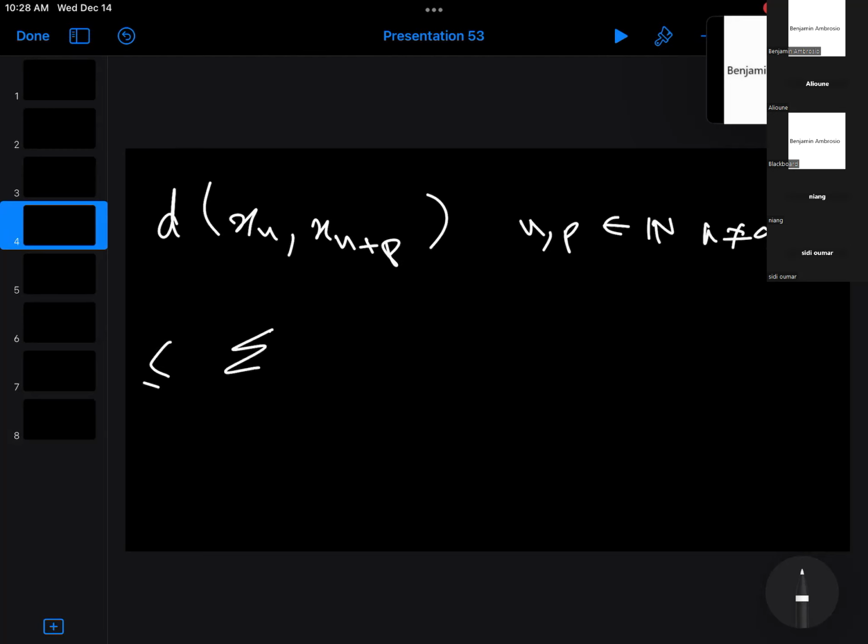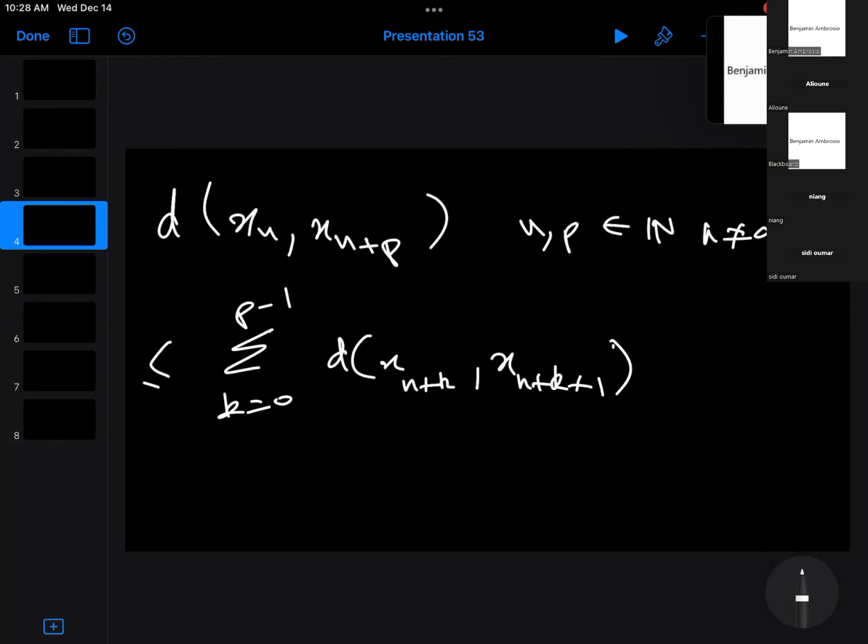So I will just put this sum from k equals 0 to p minus 1 of d(x_{n+k}, x_{n+k+1}).